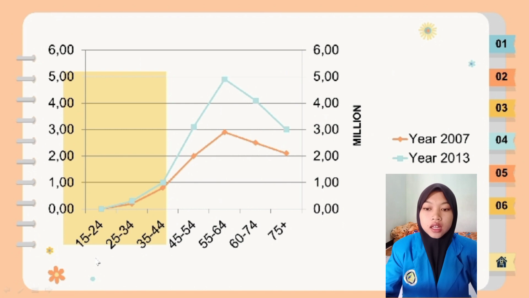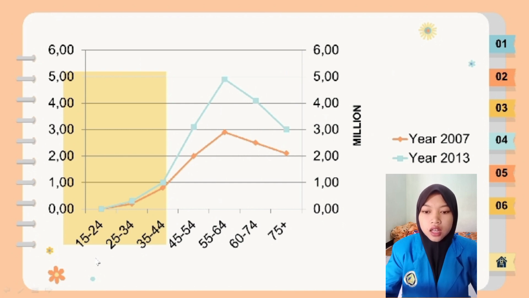Then, at the age of 35 to 44, it was recorded in the year 2007 as many as 0.18 million inhabitants, whereas in the year 2013 there were as many as 1 million inhabitants.